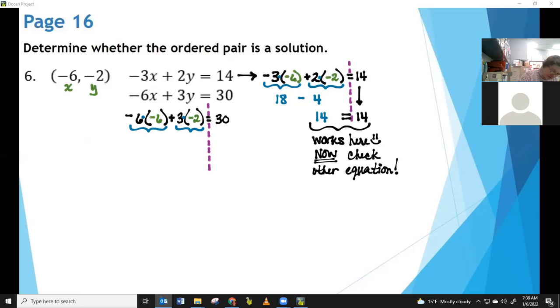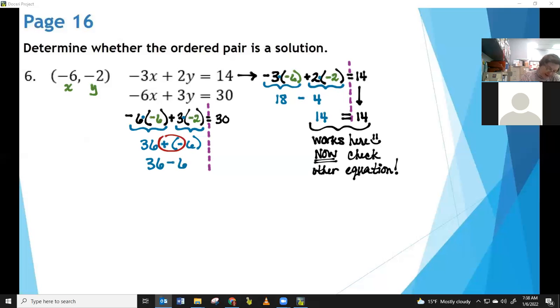Yes, thank you, Griffin. 36, and what else? Plus -6. Absolutely right. When we add a negative number, that's exactly the same thing as subtraction. So that's the same as saying 36 minus 6.